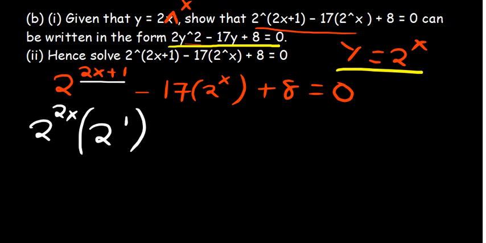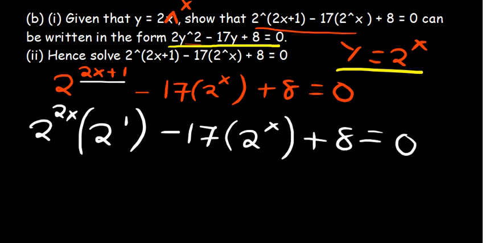Okay? Then you just add the powers for that. Minus 17, then 2 to the power x. So these other things are just direct. So 2 to the power 2x, basically we want it to appear in the form of y, meaning that we need to have just 2 to the power x. So I can start with a 2 there.